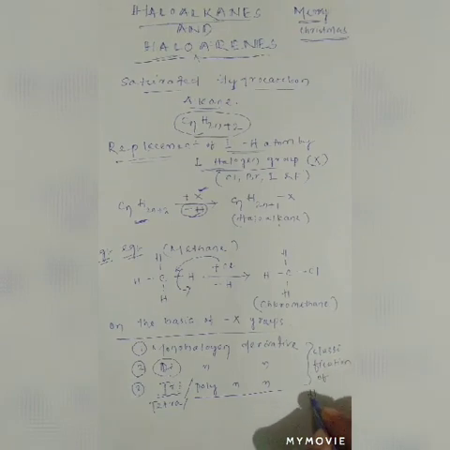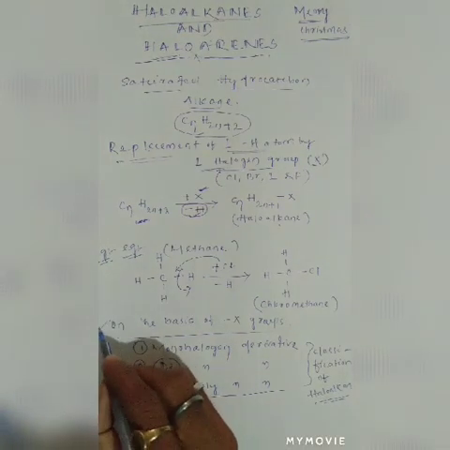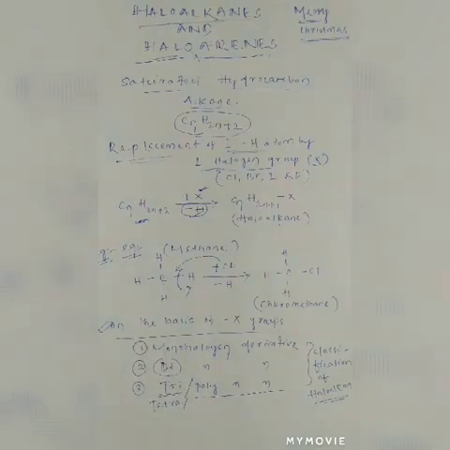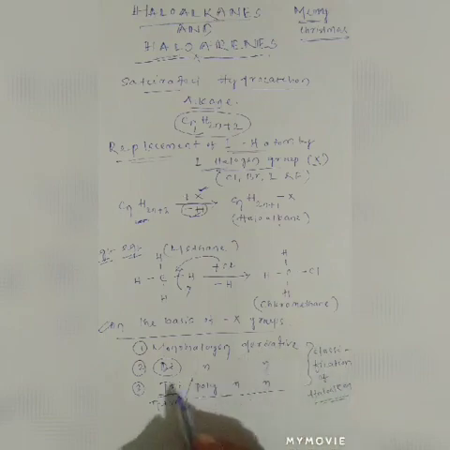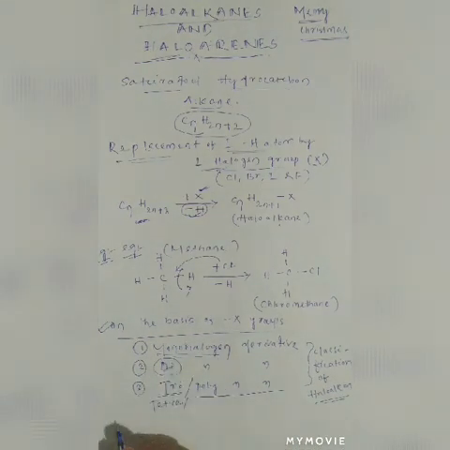These three are the classification of haloalkanes. Haloalkanes are classified on the basis of halogen groups, that is monohalogen derivatives, dihalogen derivatives and trihalogen derivatives. First is monohalogen derivatives. What is monohalogen derivative?